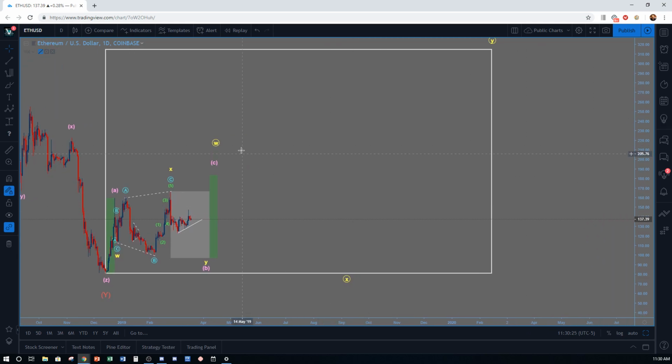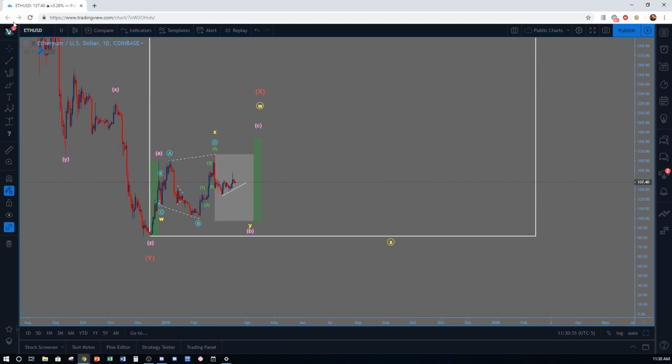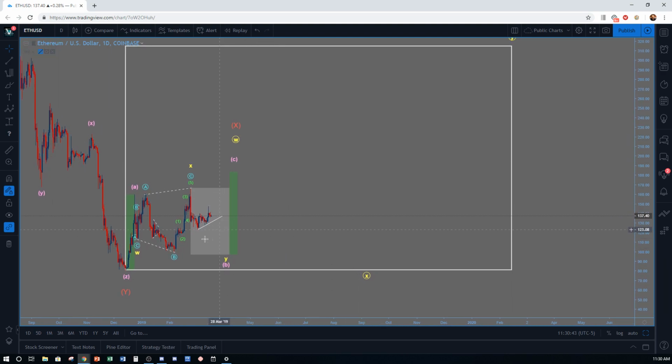So the question becomes, is this all of a correction? Probably not. I highly doubt, after this long extended move, that we move up here and then just make a new low. To be honest, I just don't see it. It's possible, and I will be shorting as we start reaching the top here.